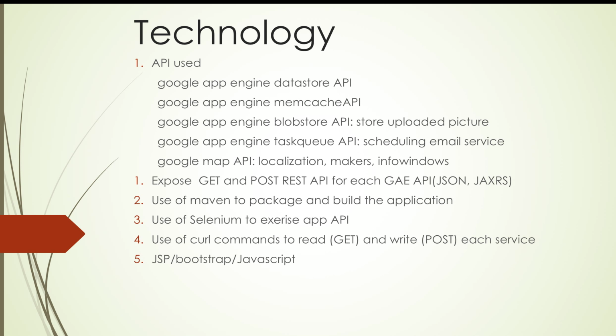Another API I use is the Blobstore API to store the uploaded photos. I also use the TaskQueue API to schedule the email service. Another Google API I use is the Google Maps API. I use it to locate the user's position, to give markers for each restaurant found, and to create information windows for each restaurant with detailed information.